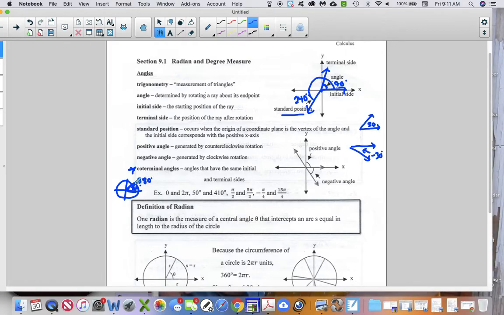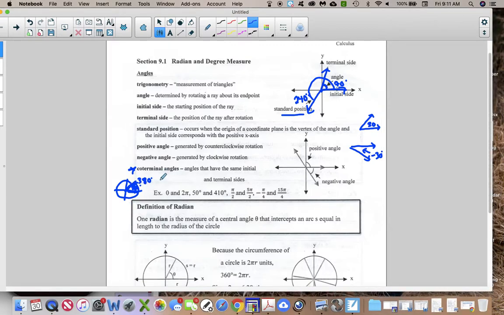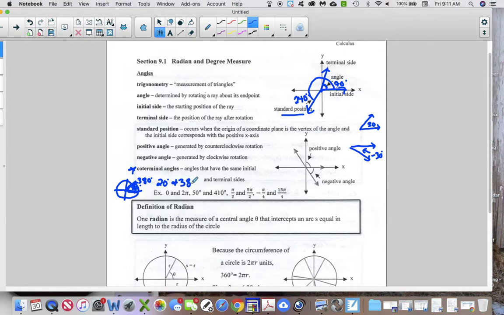So 20 degrees and 380 degrees are going to look like the same angle. They have the same starting side, which is here, and the same ending side, which is here. So we would say that 20 degrees and 380 degrees are coterminal angles, okay?